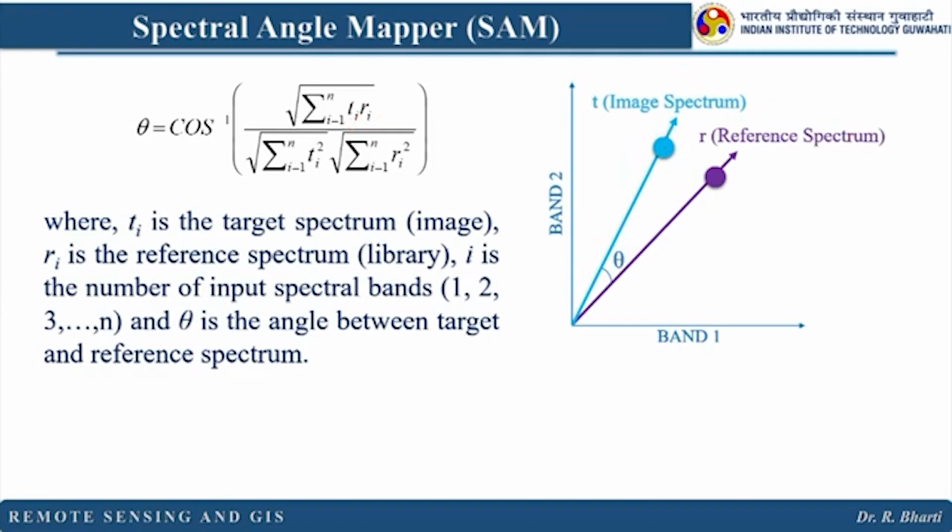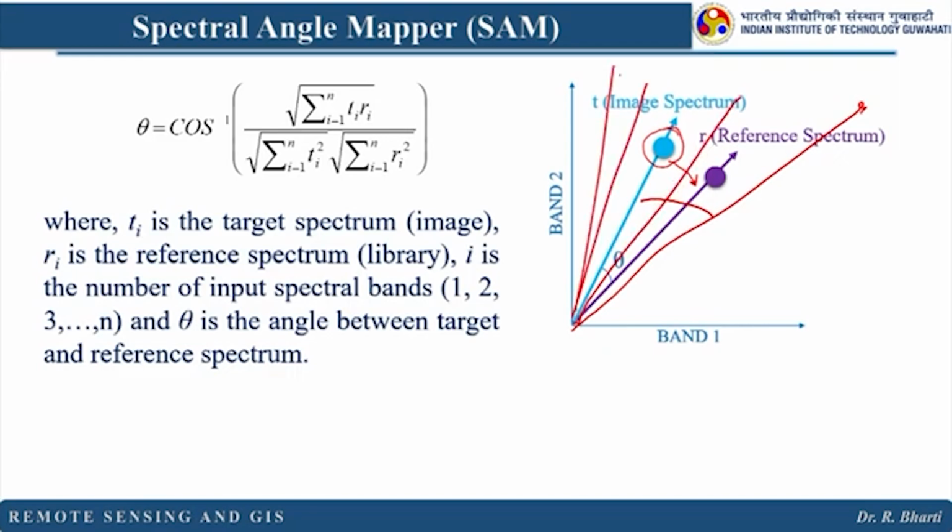When we have such a method, we need to provide some threshold, then only this particular image spectrum will be classified into this class. Otherwise, if the threshold value is not matching, or if the theta is more than the threshold value, then the next end member has to be plotted here, and this will be measured with this, or if it is not matching, then the third one, then here.